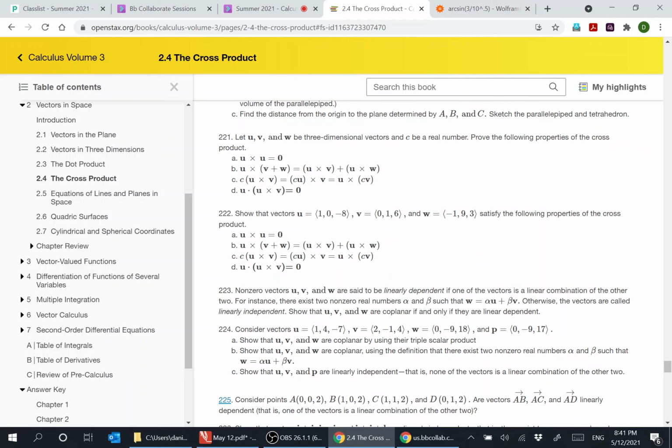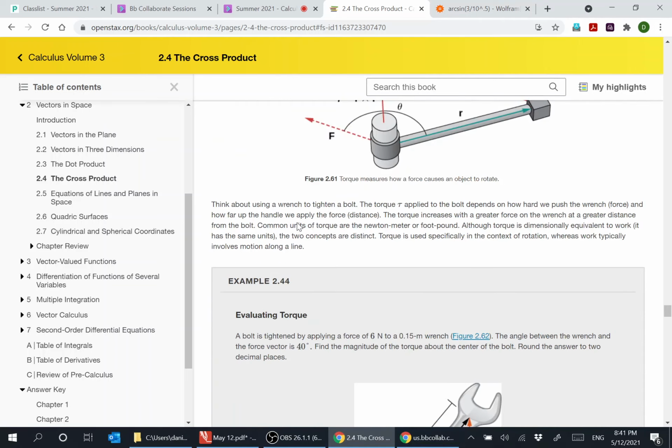U cross (V plus W) is U cross V plus U cross W. That's just one of the rules or identities that were given. The cross product distributes over vector addition, right? That was in this section.